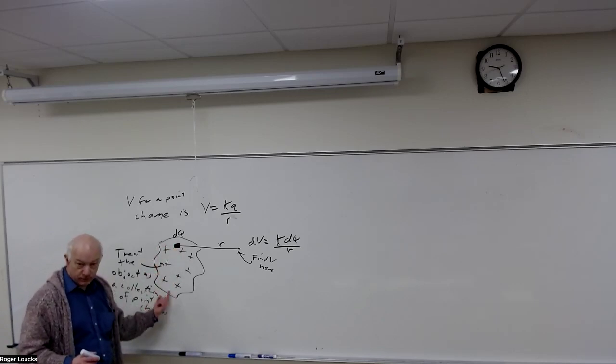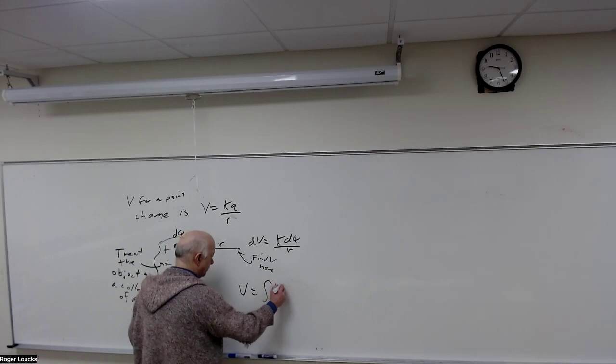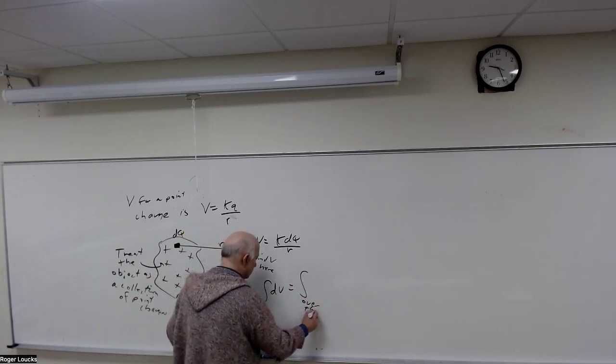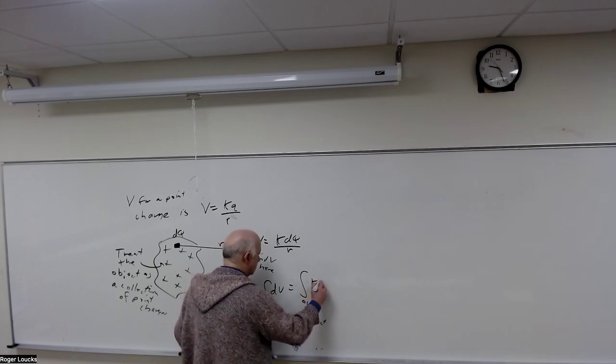Over this object here, I'd have to integrate the dVs. So I'd basically have to do an integral over the object of this k dq over R.